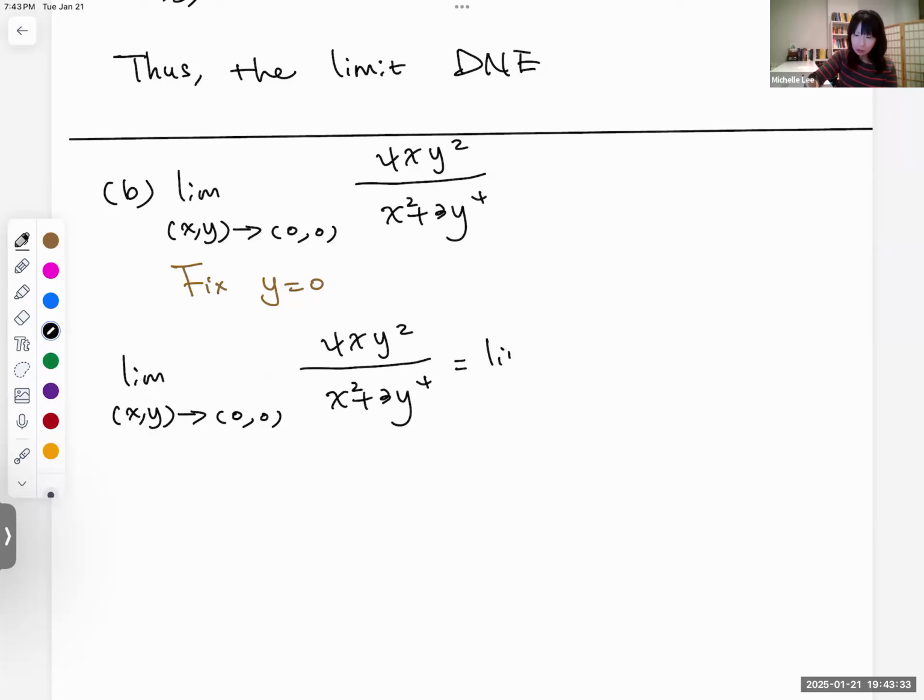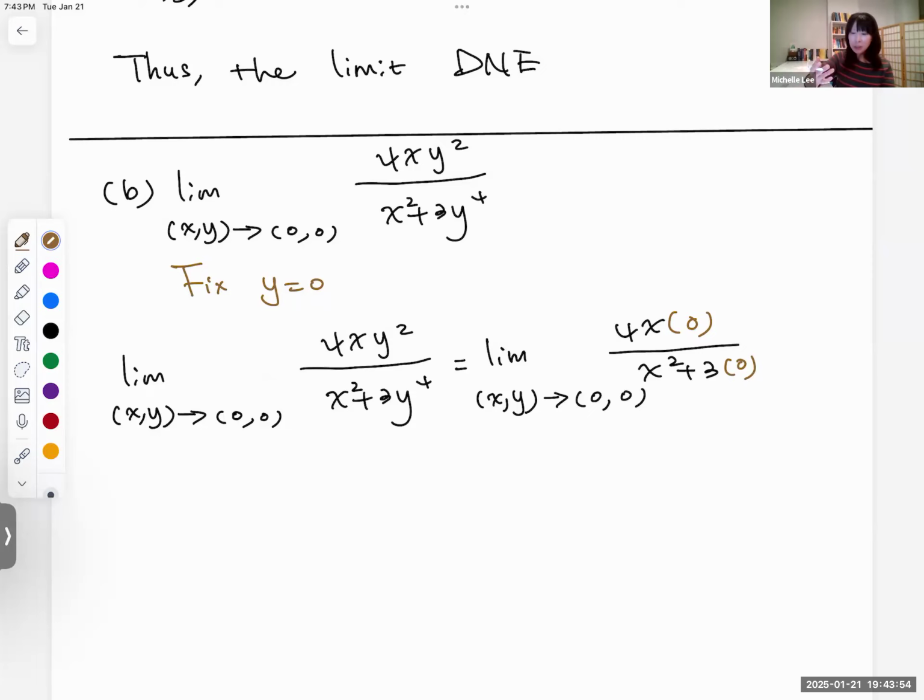So we have the limit as x, y approaches 0, 0 of x times 0 over x squared plus 3 times 0, right?